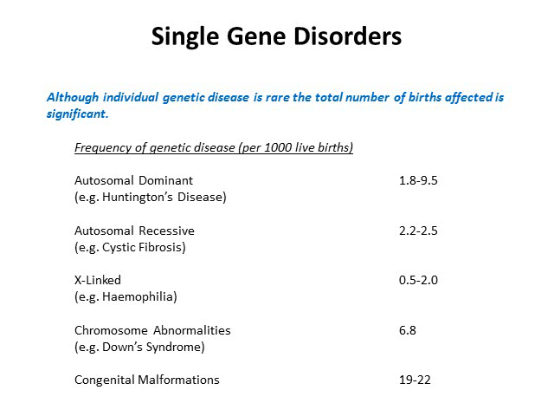So let's have a look at the frequency then of some of the most common genetic diseases, and this is per 1,000 live births. Well, by far the most frequent are congenital malformations, so cleft palate, things like that, and around 20 live births out of every 1,000, or 1 in 50, will actually have some form of congenital malformation.